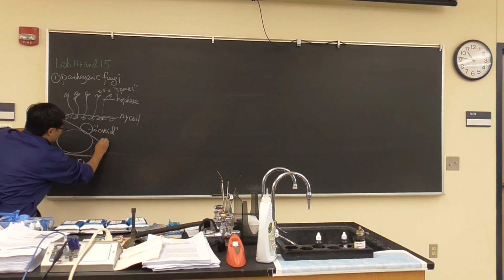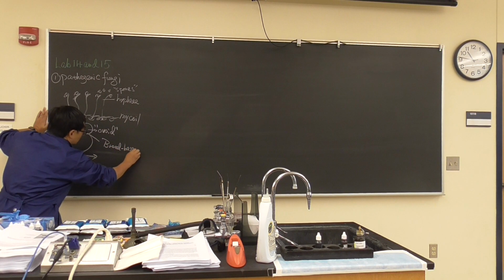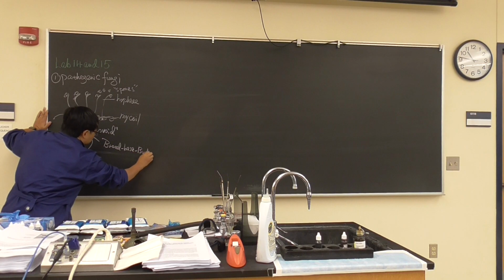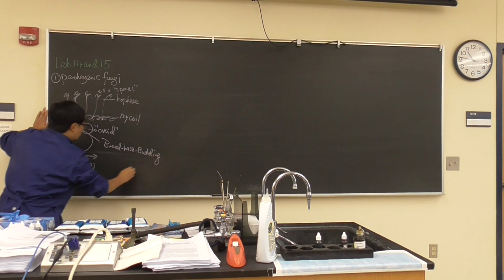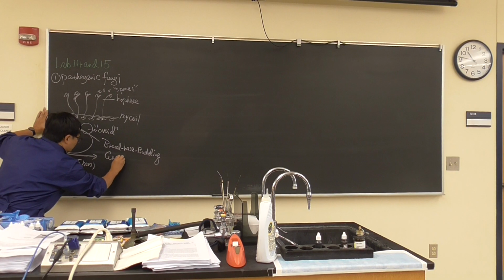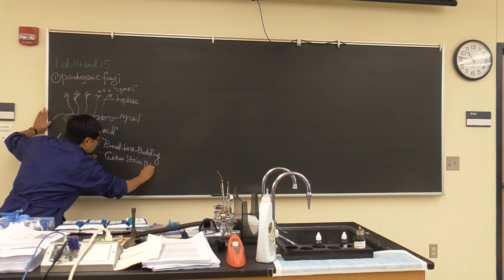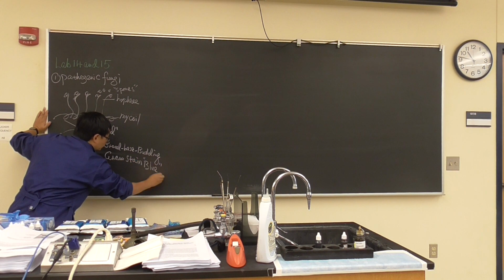We call it broad-based budding. And we also talked about before, for the fungi we do gram stain, we all call it gram stain blue. We don't call it positive or negative. We say gram stain blue.